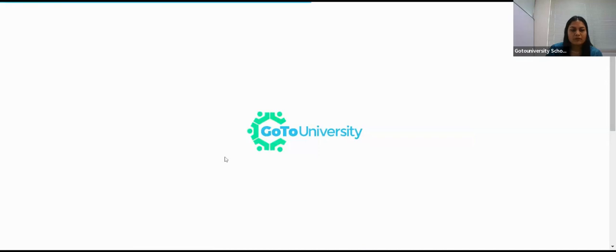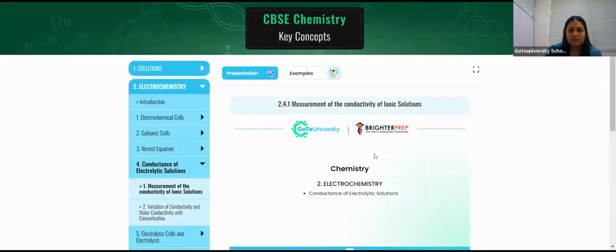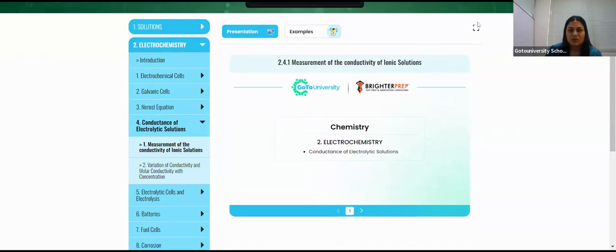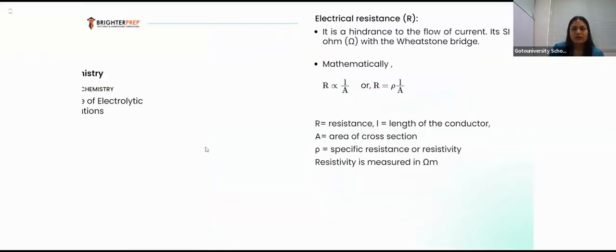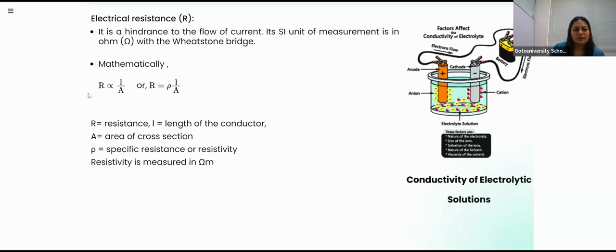So, before moving to electrolysis and conductance of solutions, we need to get familiar with some definitions. We were discussing friction: as we know, to walk on the floor, friction is necessary, right?